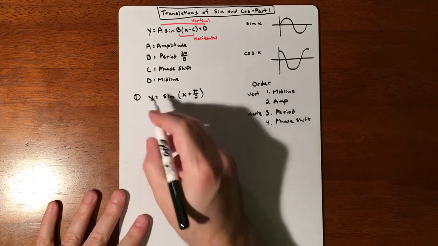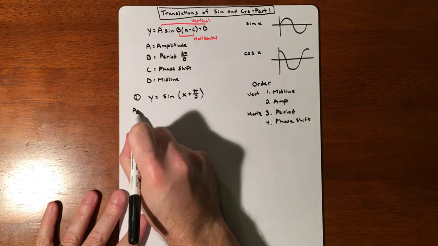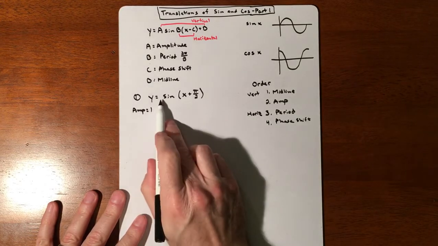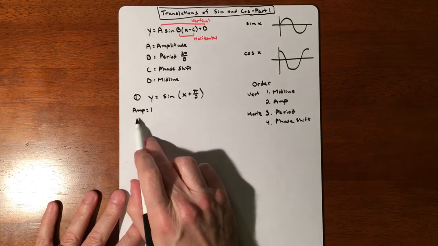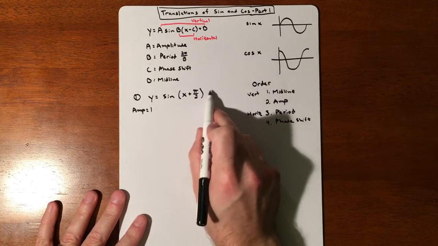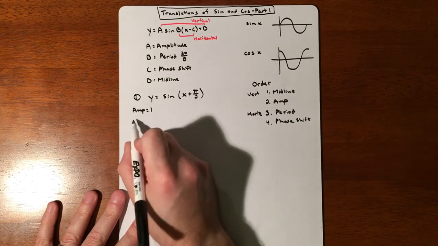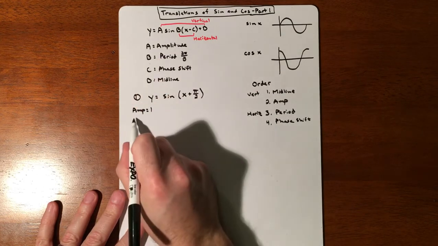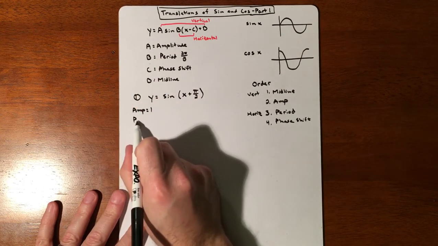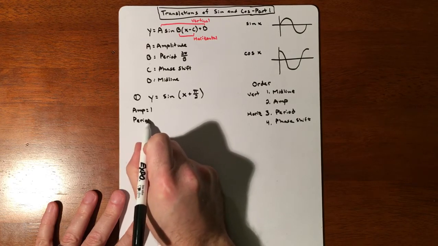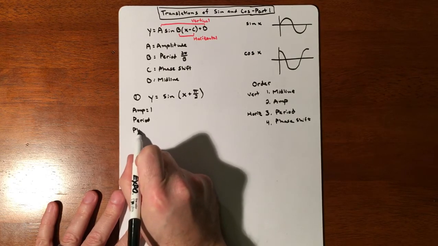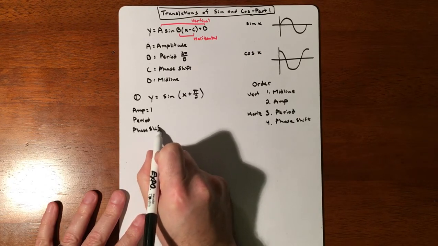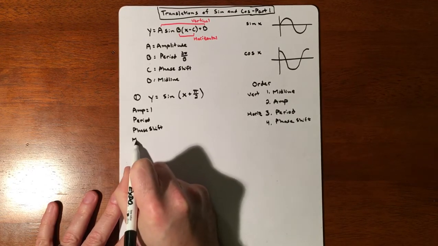We'll start off with amplitude. The amplitude on this is going to equal 1 because there's a 1 in front of it. Then midline would be any kind of adding and subtracting that I have going on here. There is no midline. We'll just go through the A, B, and C's: your period, the phase shift, and the midline.